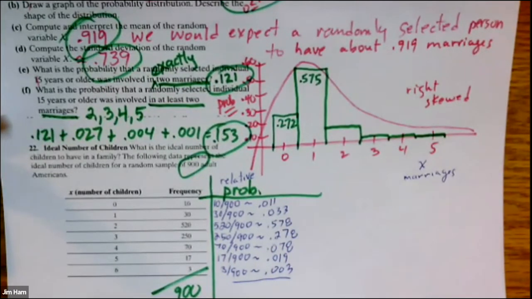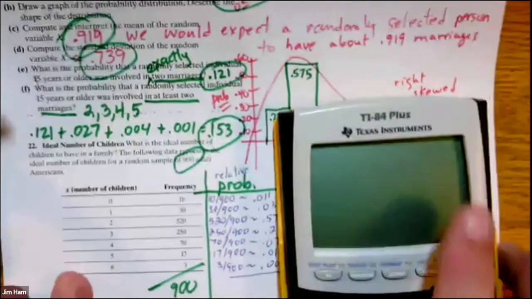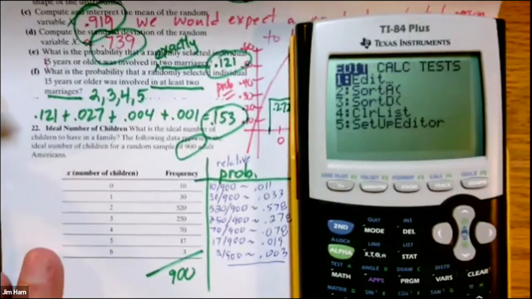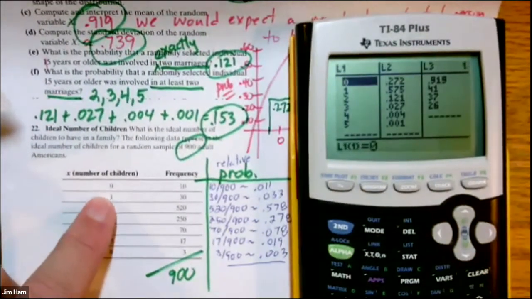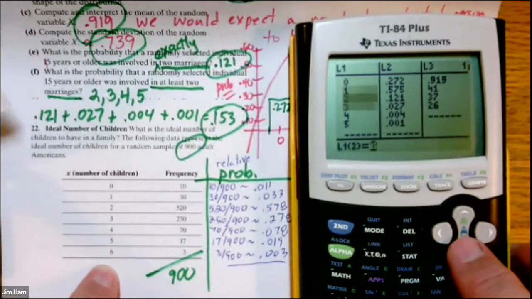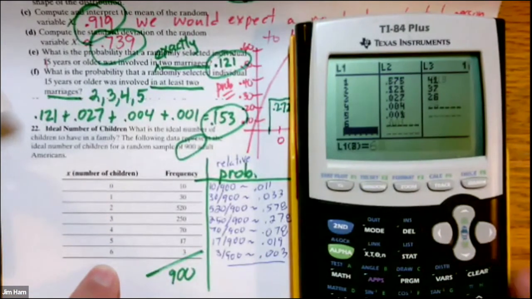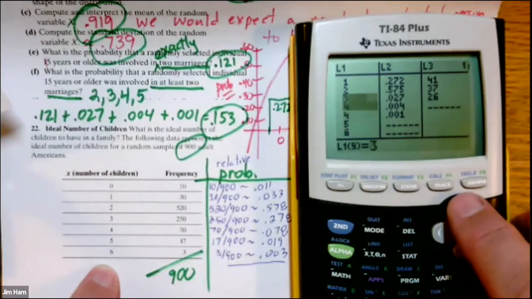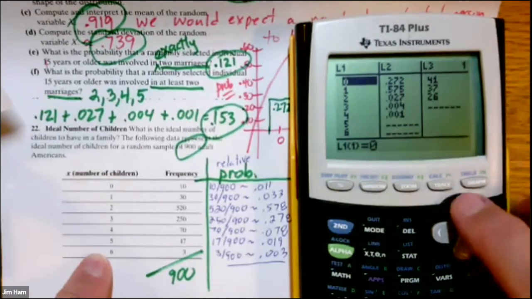I assume with this problem, it was one where they asked you to calculate the expected value. So let me show you a couple of calculations here. The first one is we're going to put all of the outcomes, 0, 1, 2, 3, 4, 5, and I think we just need to add the 6 here. Oops, so we don't have 0 through 6, so there's 7 of them. Oh, there's 0.